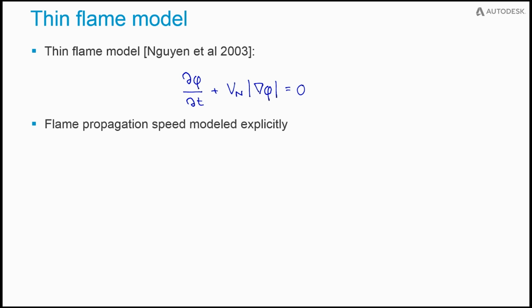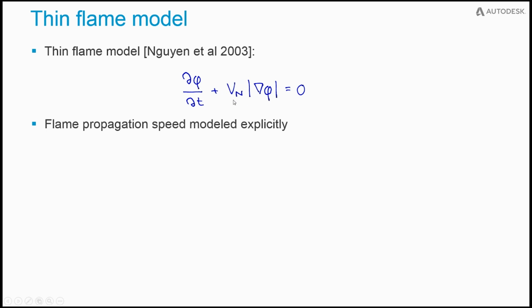So instead, we've adopted the thin flame model, which was also introduced to graphics in 2003. Now I've written the equation for the flame propagation speed here, and it's just a level set equation. So if you look at phi here, imagine that this is a signed distance function. It changes over time, and it propagates with some speed, which is this Vn here.